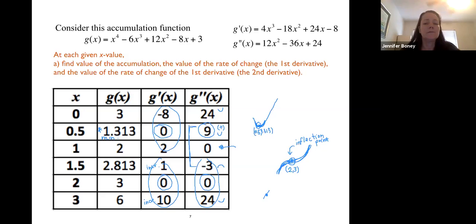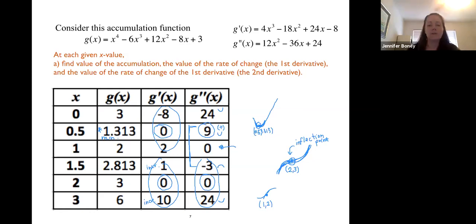Well, it was turned up, and then hit 0, and then turned down. So at this point, 1, 2, my graph is changing from turned up to turned down. It didn't have to be flat in order for the curvature to change. I can have any first derivative value and have my second derivative be 0 with a curvature change.